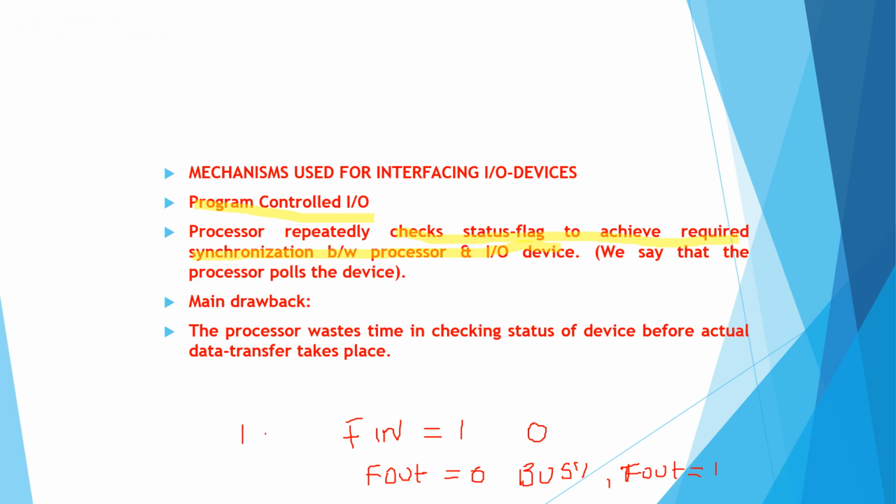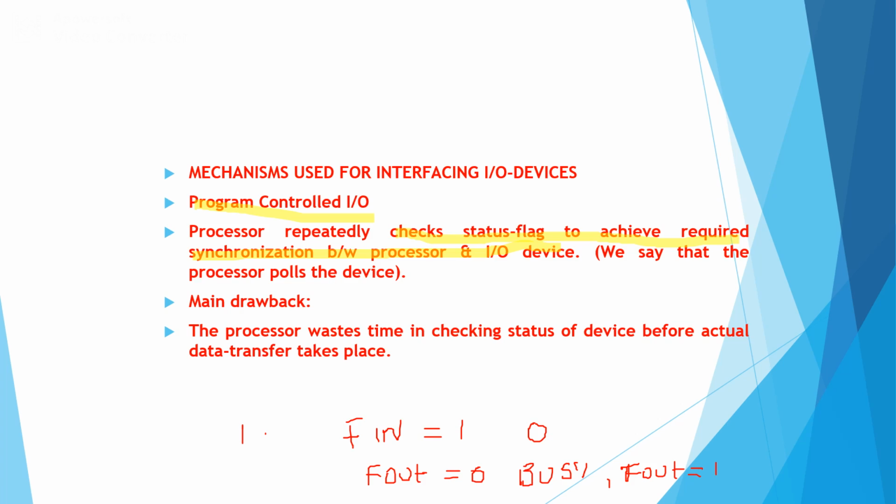As I mentioned before, the speed of the processor is very fast compared with an IO device. In order to maintain the synchronization, the first technique used was program controlled IO, in which two status flags, FIN and F out, are maintained.